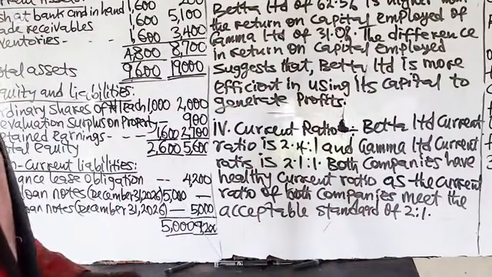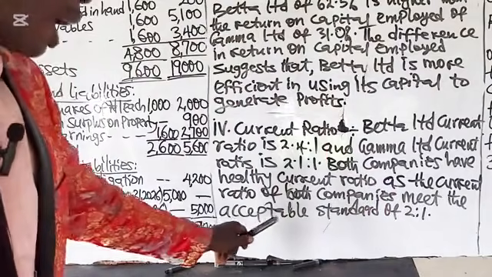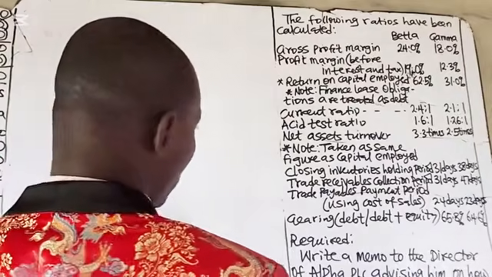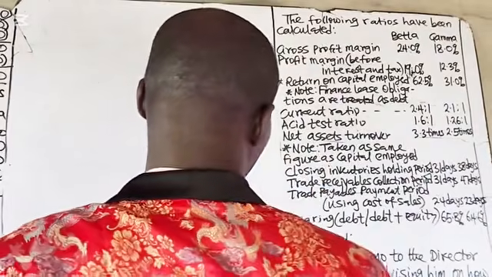So that is why we say their current ratios are healthy. The fifth ratio is the acid test ratio.